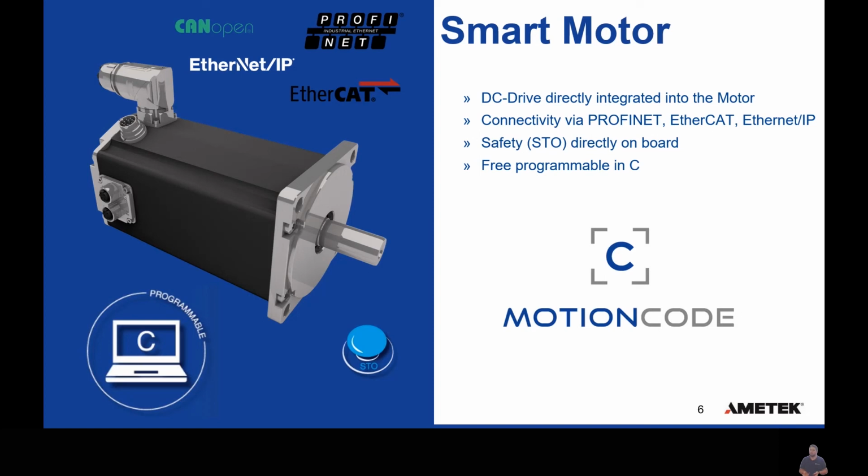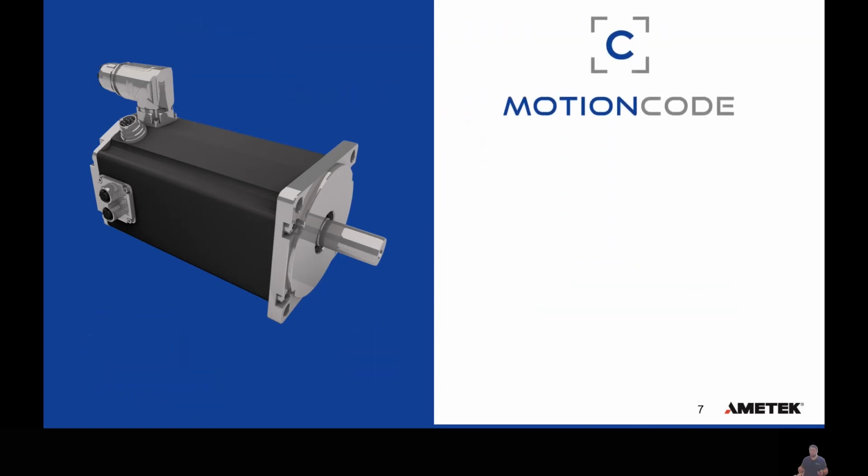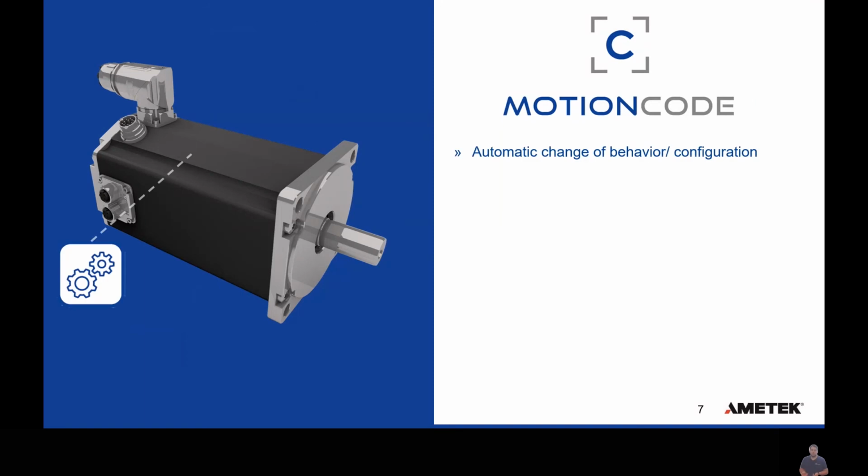I primarily told motion code can extend the motor functionalities, but what can this be? What are these different functionalities? For one example, it can be an automatic change of the configuration or the behavior based on input parameters coming over the bus system or over digital inputs.